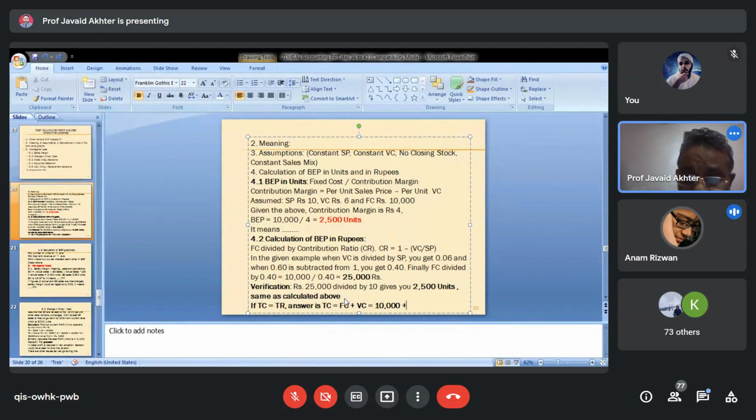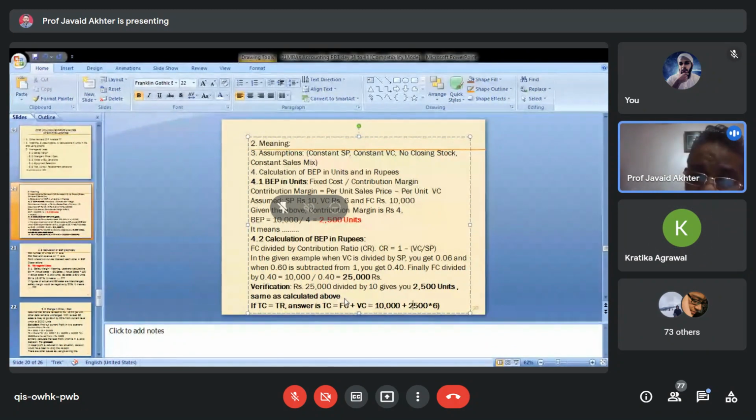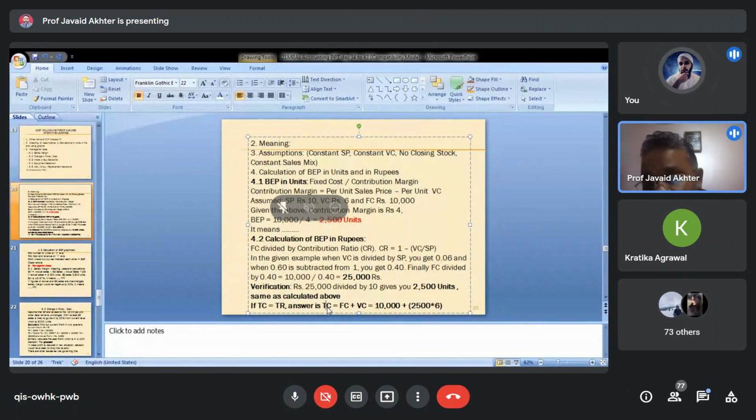And what is variable cost? 2,500 into 6, 15,000. So 15,000 plus 10,000 gives you 25,000. So 25,000 is your total cost, and 25,000 is your revenue. Your answer is correct.